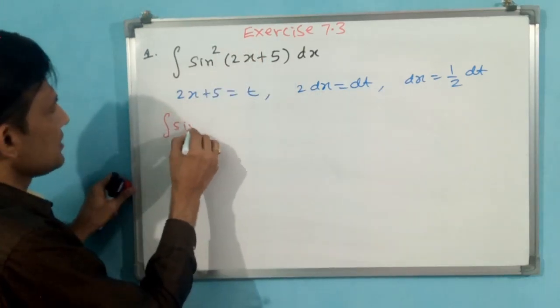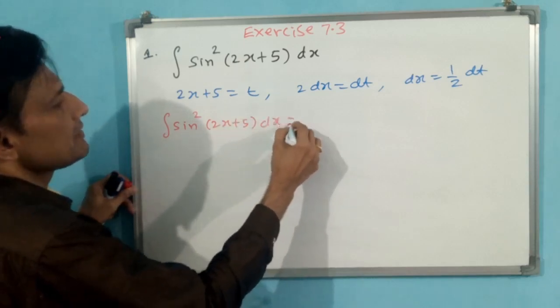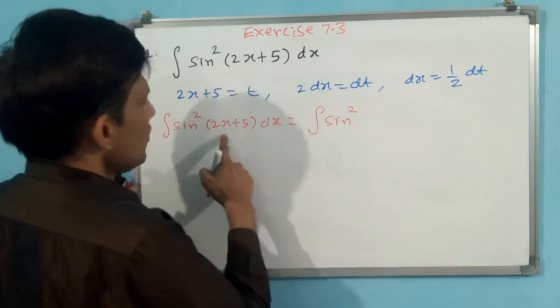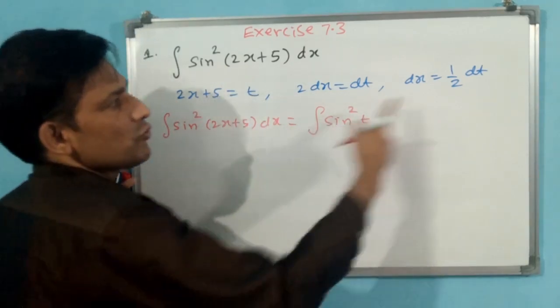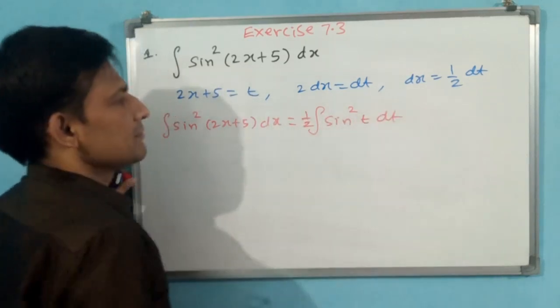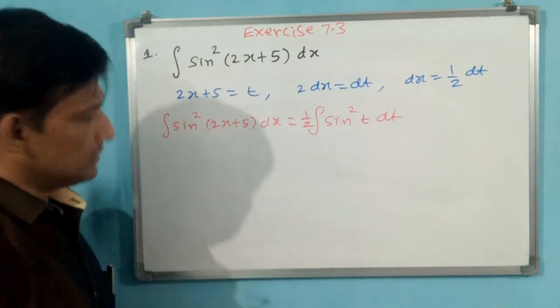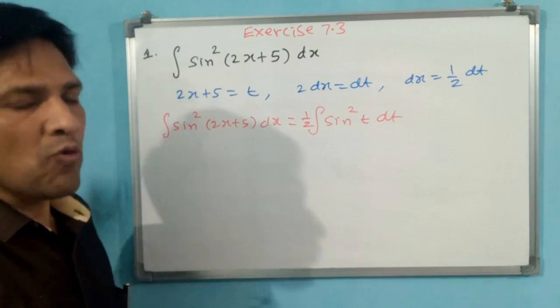Now see how I am converting this. Integral sin square 2x plus 5 dx is equal to integral sin square t, but dx is going to become 1 by 2 dt. That means 1 by 2 you keep outside, and dt. See, sin square t, how to convert it?